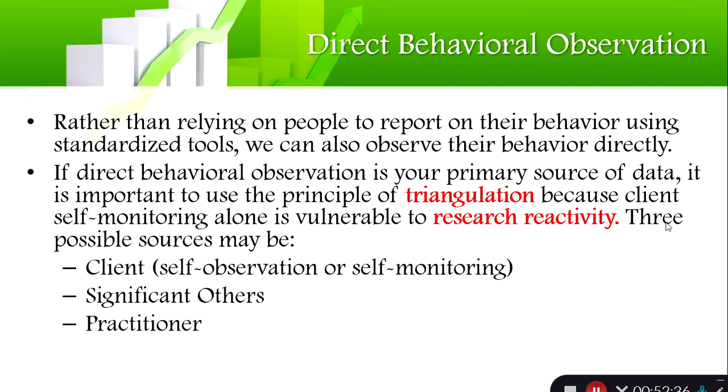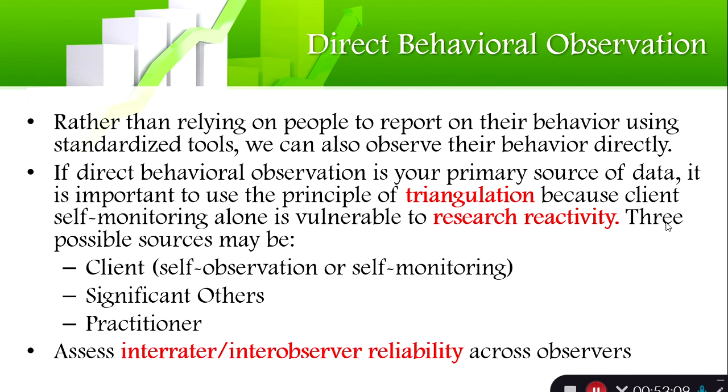If direct behavioral observation is your primary source of data, it is important to use the principle of triangulation, as I mentioned, because client self-monitoring alone can be vulnerable to research reactivity. In other words, whenever clients know that they're being observed, this could change the nature of their behavior. Three possible sources of direct behavioral observation could be the client themselves, significant others such as spouses or family members, or the practitioner.